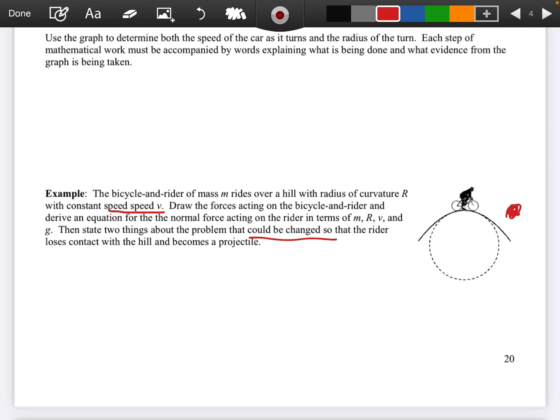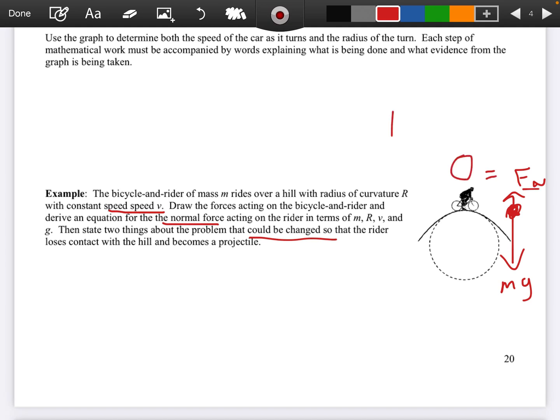We'll bring it over here. We'll free the body. We'll do the easy one first. We have mg, and then we have some kind of normal force that we know is definitely smaller than the weight. All right, so there has to be a minimum of this normal force, right? The minimum of the normal force without losing contact would just be where the normal force equals 0.